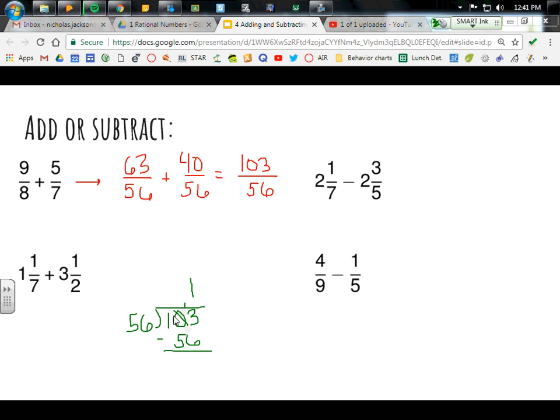Don't forget to borrow. All right, here we have all the pieces we need to make our mixed number. So the answer as a mixed number is 1 and 47/56.